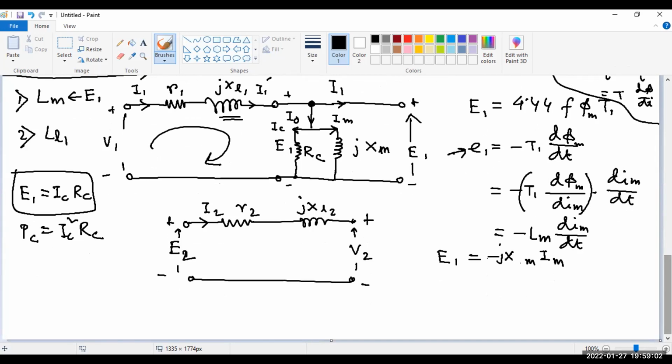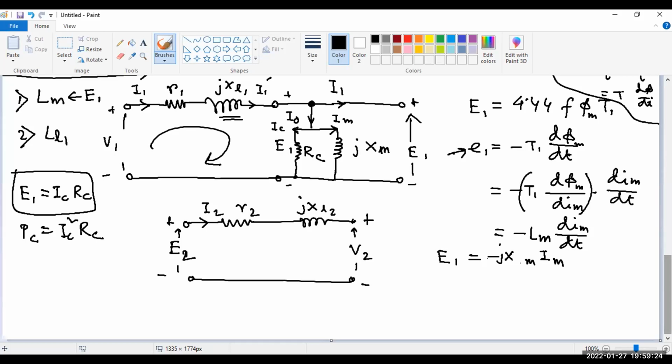The left terminal of circuit 2 and the right terminal of circuit 1, can we connect? No, because the voltage differences are there. There will be a huge short circuit, right?